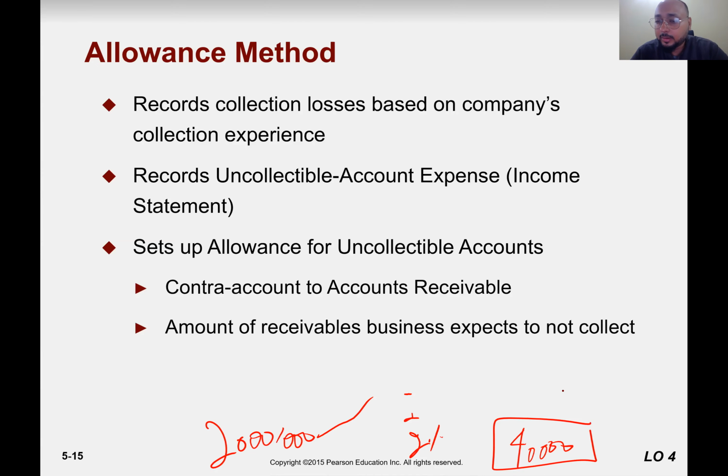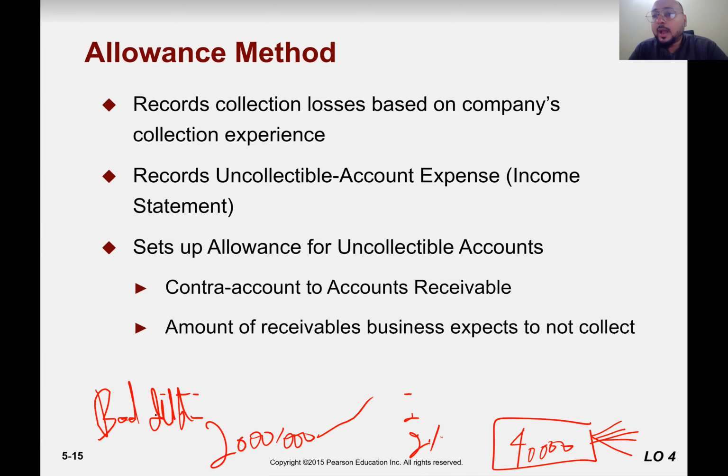So in order to plan better, they make an allowance in advance, or in some books it is called allowance or reserve for bad debts. Bad debts.